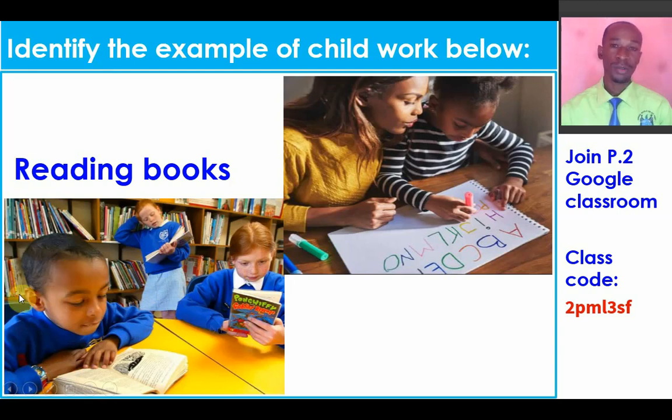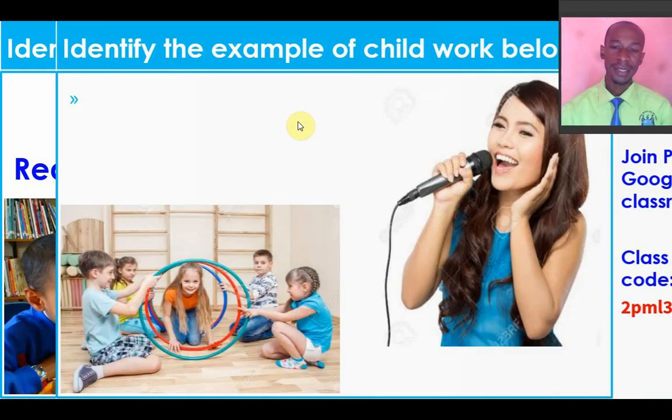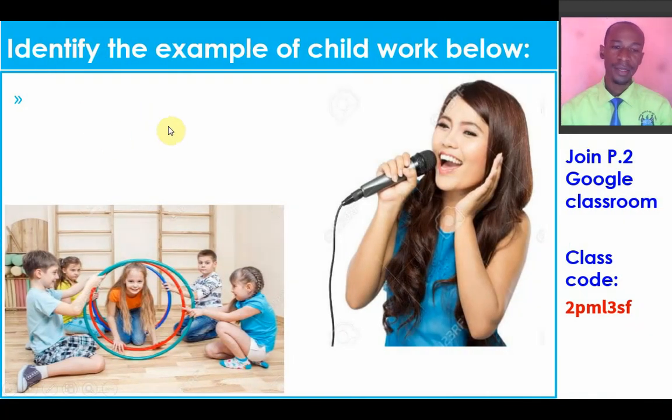They are in the school library reading books. Now, how about in here? What is taking place here? So a child is with a teacher and the child is writing. So the activity in here is writing. Are we together?